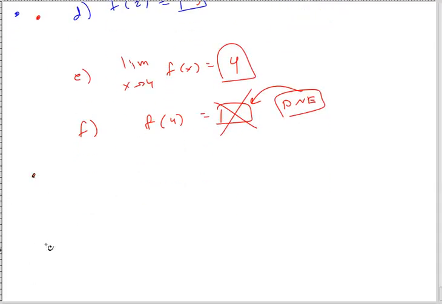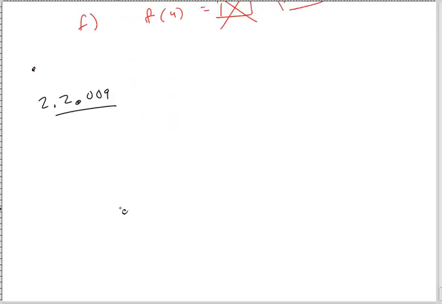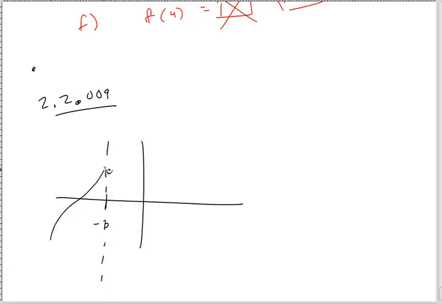All right, cool. Next question, 22009. This one is a big problem. I got all kind of graph going on here, so I'm going to try really hard to make it look good. So at -3, I got this vertical asymptote thing. At -3, it does something kind of like this.